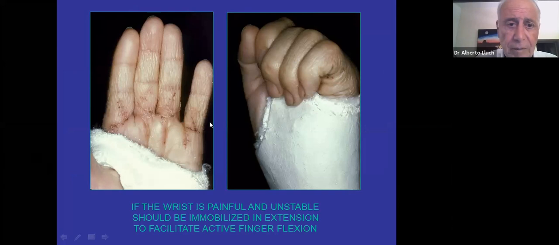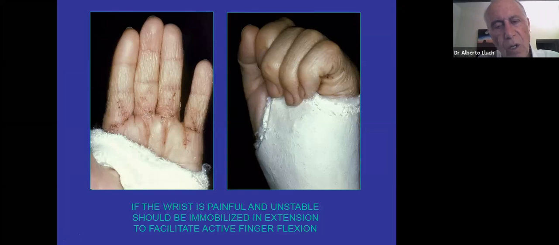After the surgery, about 3 or 4 weeks, you should put a plaster on the wrist if the wrist is painful, because you want the patient to have a painless wrist stabilized in extension.